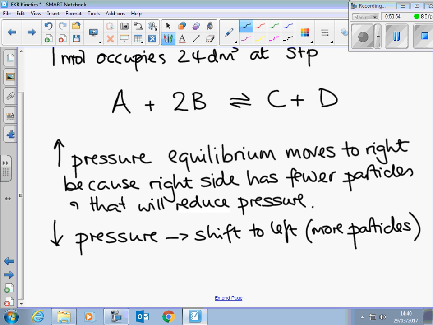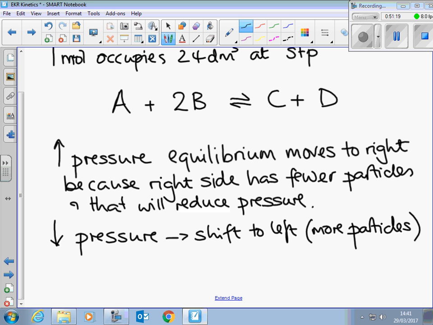That's quite important because you can sometimes ignore, for example, the volume of a container in a calculation, because if you've got the same number of moles or molecules or particles on both sides of the reaction, that's irrelevant. Because you can't make any changes to it.